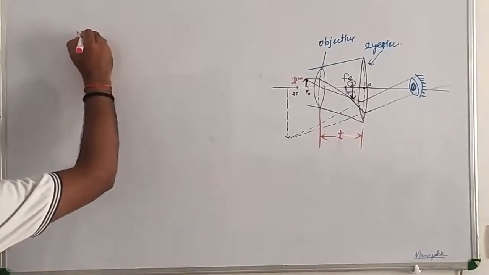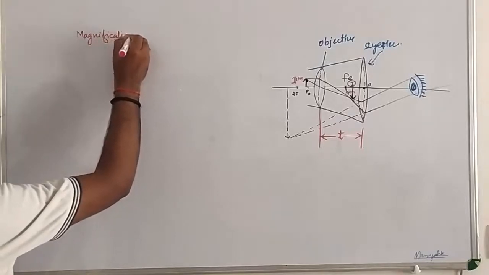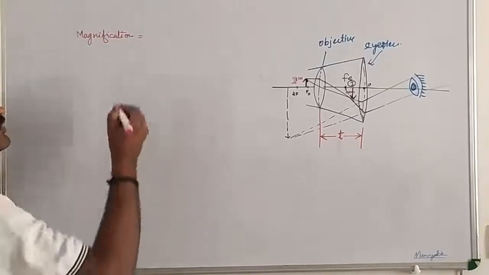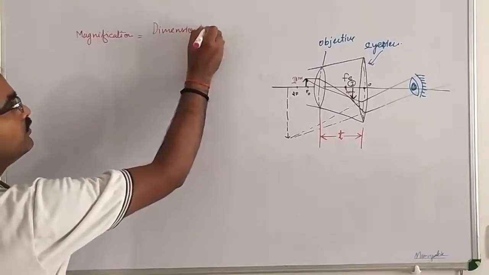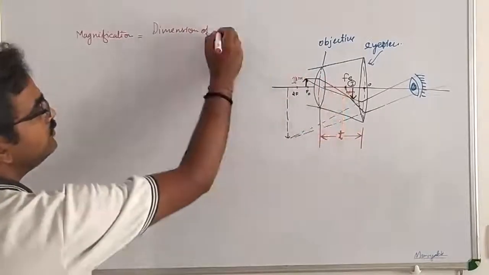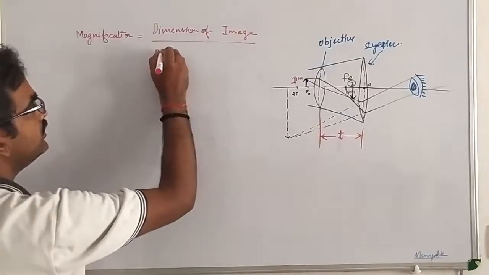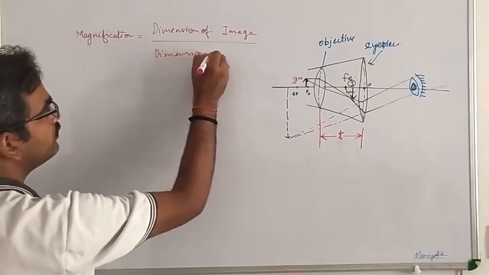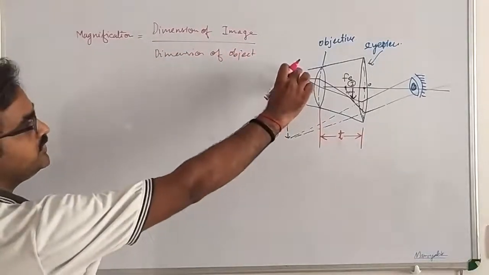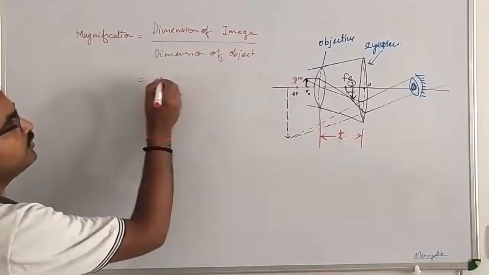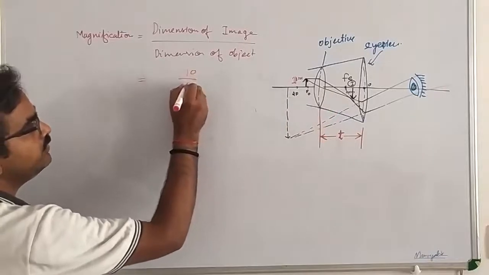So what is magnification? Magnification is a ratio: the dimension of the image divided by the dimension of the object. The object dimension was 1 micrometer and we are getting an image of 10 micrometers, so 10 by 1.